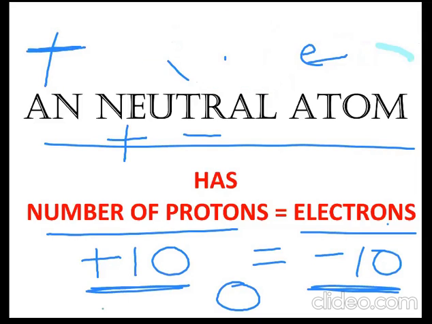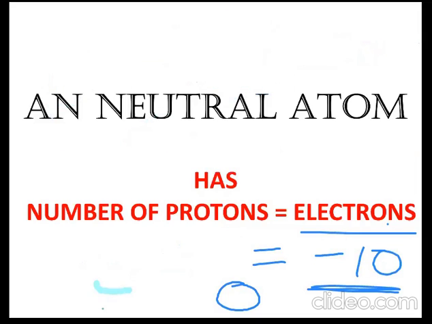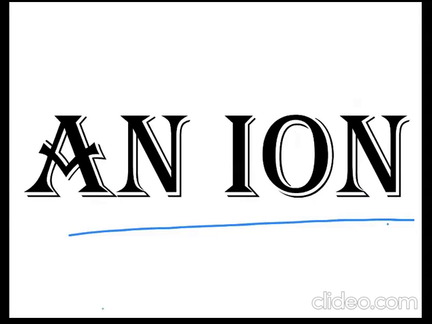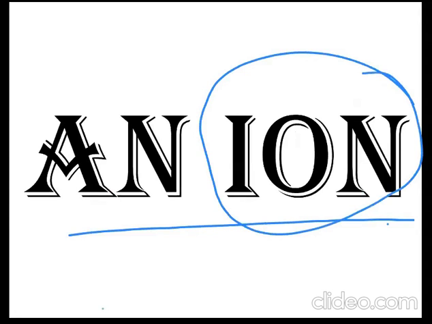Now this was about the neutral atom, but there are some particles which are known as ions. Ions, right? Ions are formed from the atom. How are ions formed from the atom? Let's see.